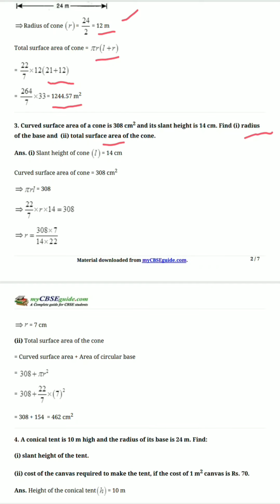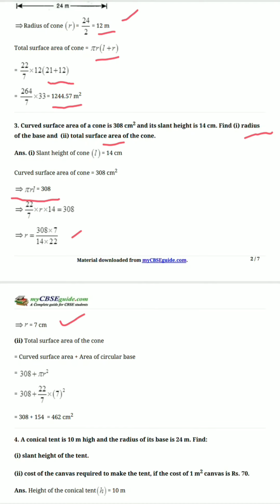The formula for the curved surface area is pi r L, so we will equate pi r L equal to the curved surface area, which is given here 308. On putting the value of pi and L, 22 by 7 into r into 14 equal to 308, we can calculate the radius, and upon calculation our radius is coming 7 centimeter.